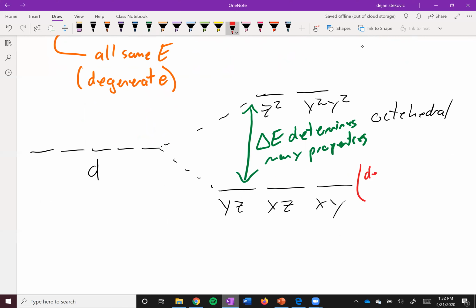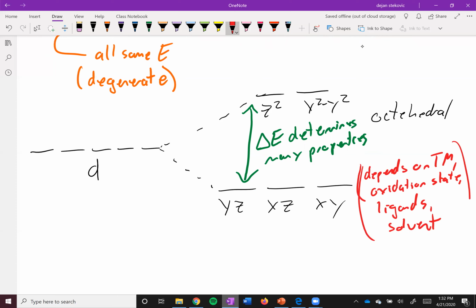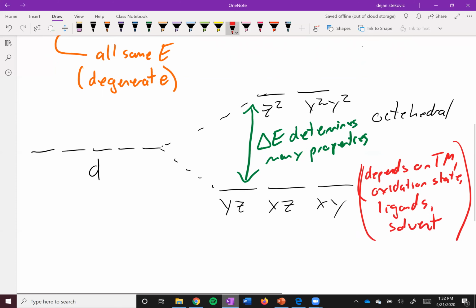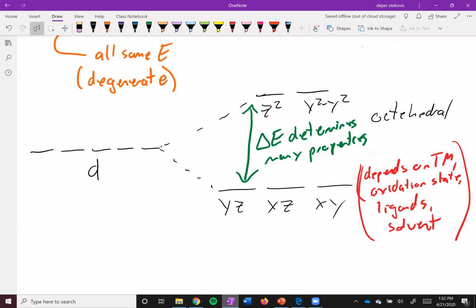So it depends on which transition metal you use, the oxidation state, the ligands that you have, and even more complex topics like the solvent. So we'll see coming up how this energy gap controls some of the properties of our transition metals.